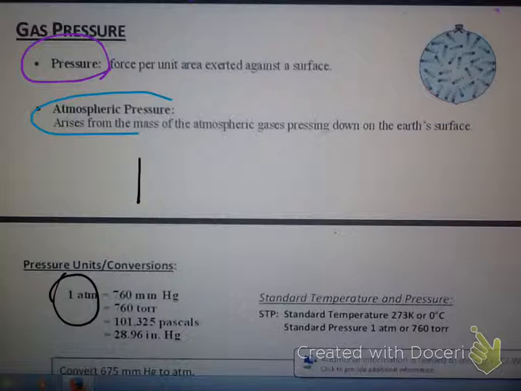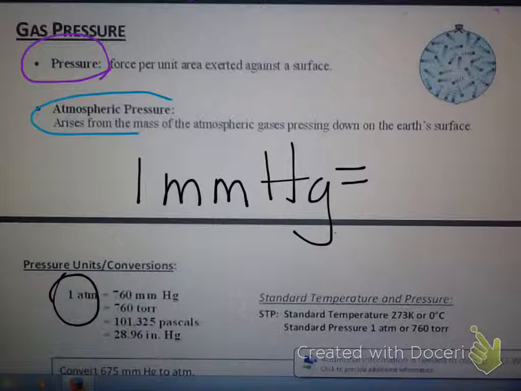Well, it turns out that 1 millimeter of mercury is the same pressure as 1 torr. So they have the same numbers but different units. If I said, how many millimeters of mercury is 70 torr? Well, it's 70 millimeters of mercury.